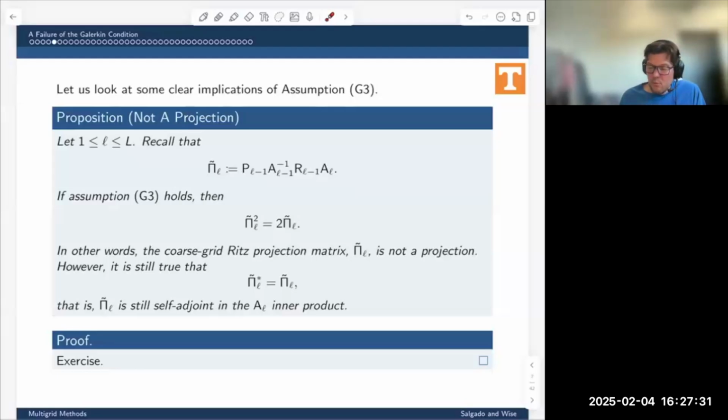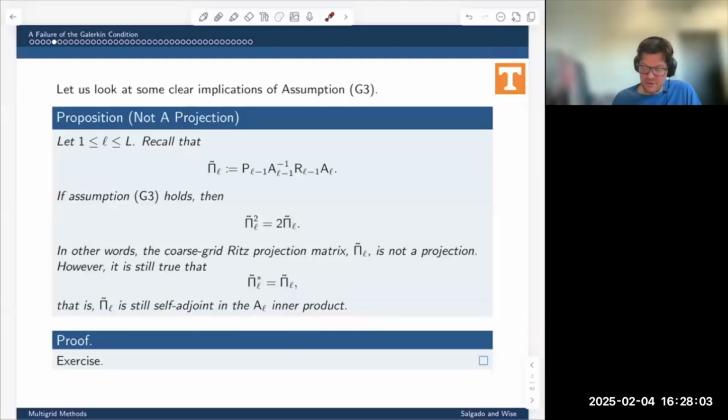So what else do we know about this? Well, it's not a projection matrix, but it is still true based on our construction that it's still AL self-adjoint. In other words, the adjoint of this matrix with respect to the AL inner product is still the original matrix back, pi L tilde. Pi L tilde star is still pi L tilde. So that means it's still self-adjoint in the AL inner product.